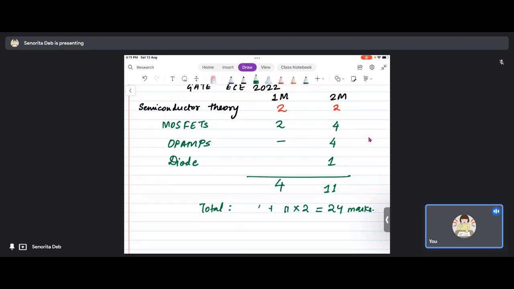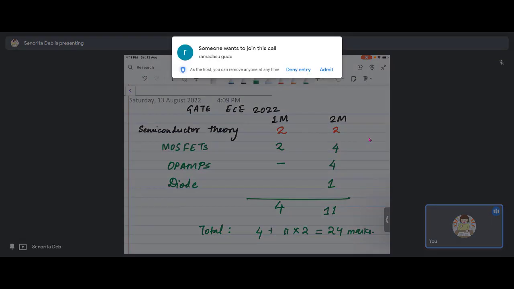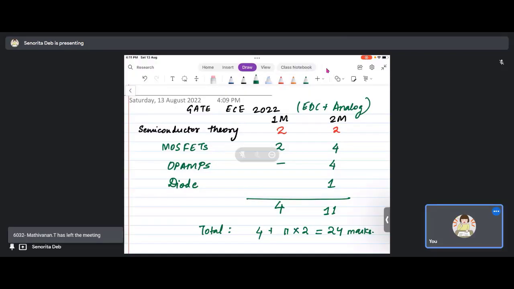So for those who joined late, I am just telling what the marks distribution in GATE EC 2022 is for EDC and analog. In 1 mark, semiconductor theory has 2 questions and MOSFETs 2 questions. In 2 marks, semiconductor theory has 2 questions, MOSFETs 4 questions, op-amps 4 questions, and 1 question from diode.